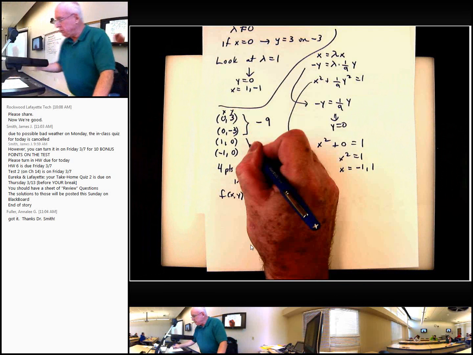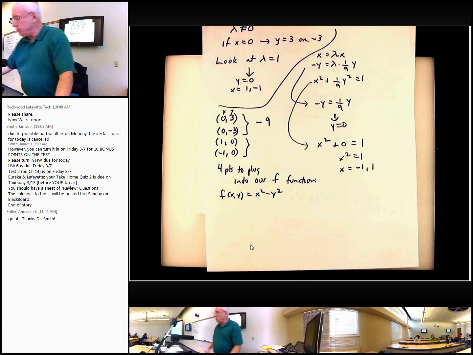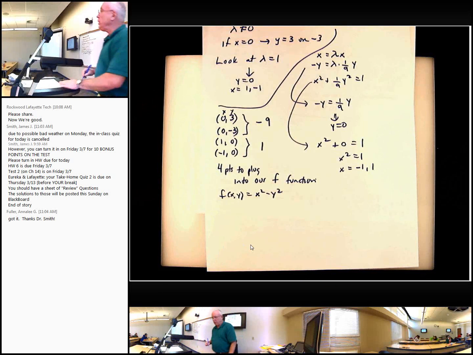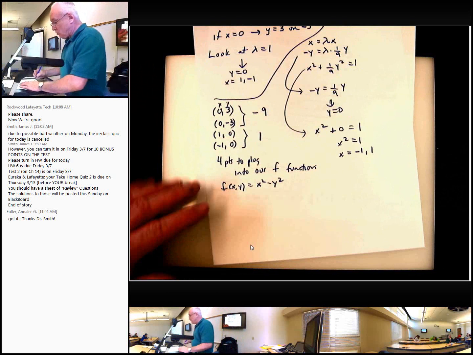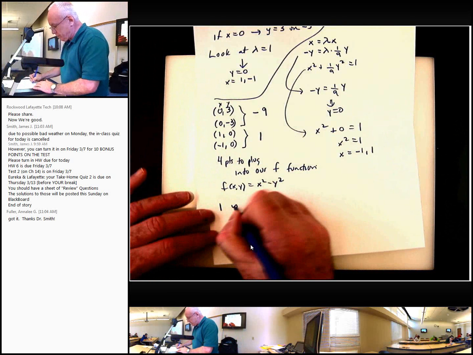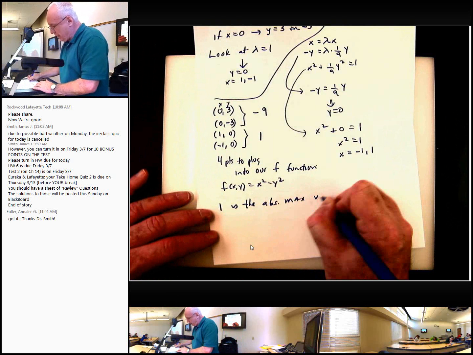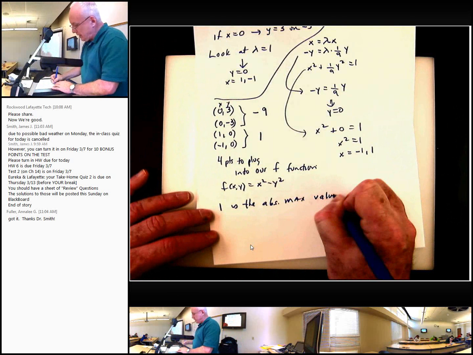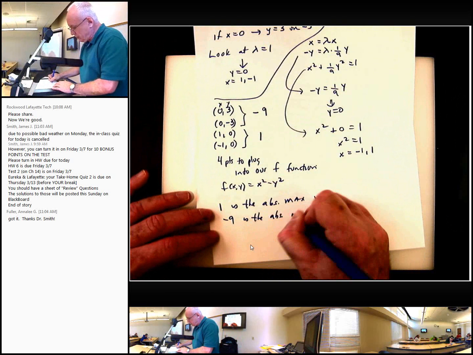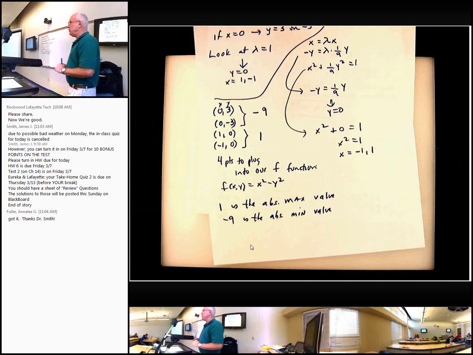And for these two, y is 0, x is plus or minus 1, those are going to give us a value of 1. So we can conclude that 1, which is the bigger number, is the absolute max value subject to the constraint, and negative 9 is the absolute min value subject to the constraint.